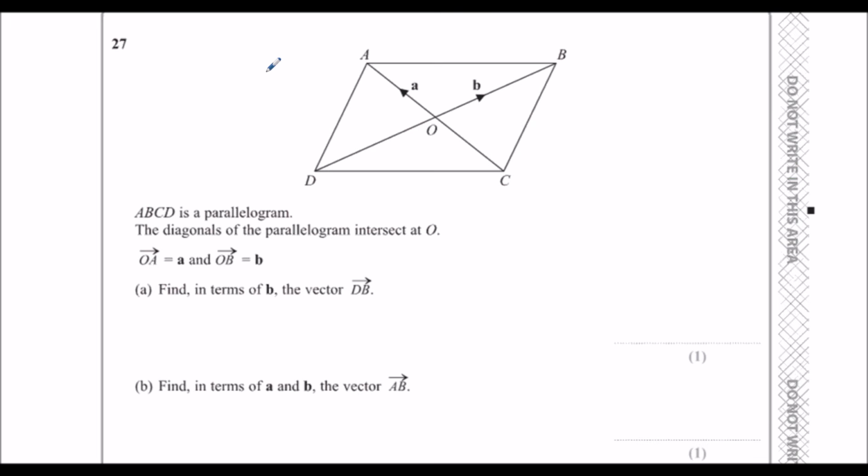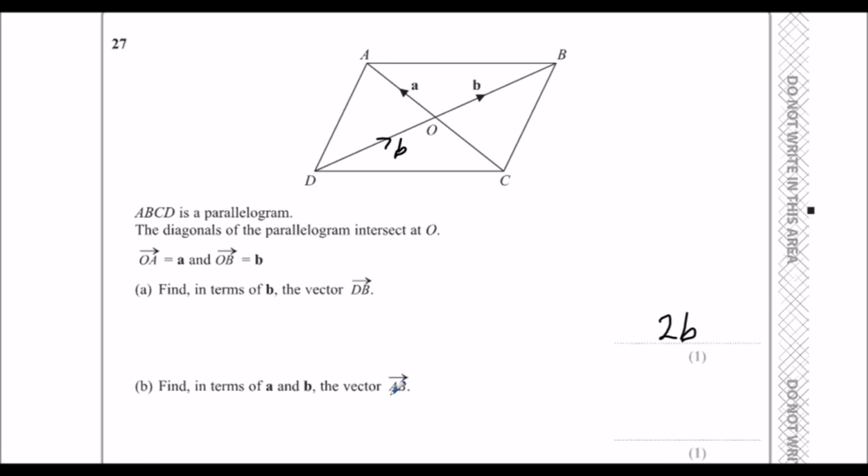The diagonals of the parallelogram intersect at O. And we've got O to A is called A. From O to B, it's called B. And we want to know, in terms of B, D to B. So we know that O to B is called B, and D to O is the same as O to B. So D to B is a B and another B, which we call 2B.